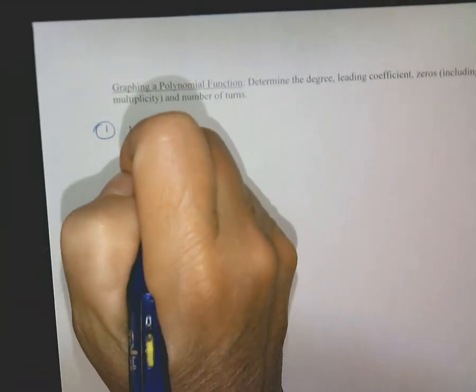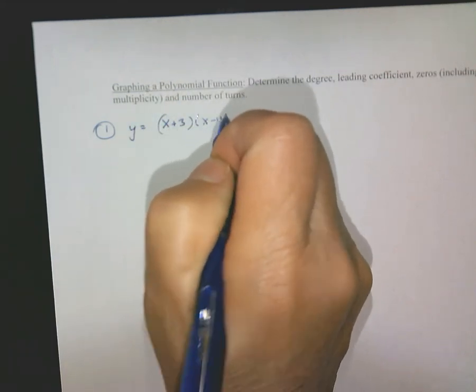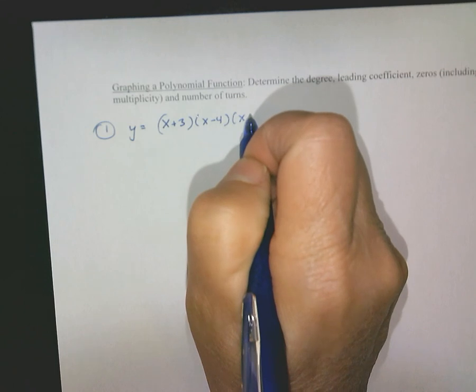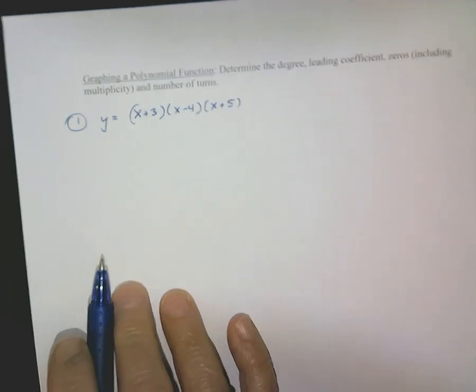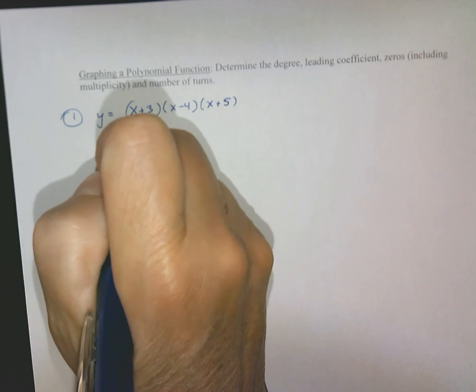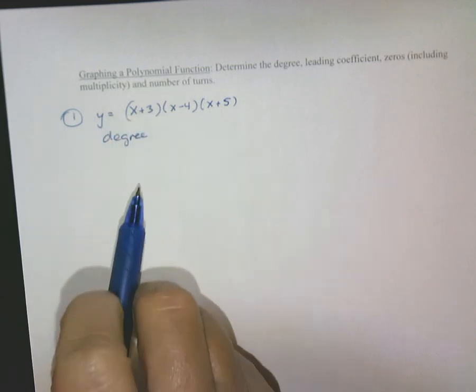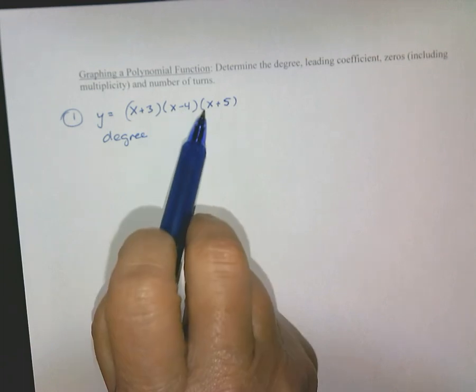let's have this one, y equals x plus 3, x minus 4, x plus 5. So what I would want to do is I'd need to figure out the degree and the leading coefficient. So my degree, if I were to multiply this all together, x times x times x, I'll get an x cubed.